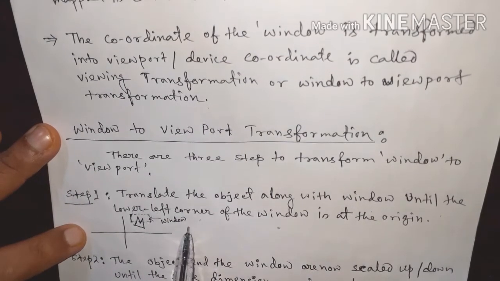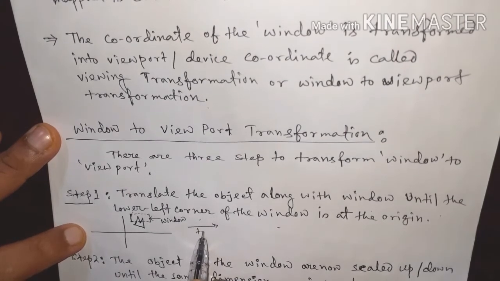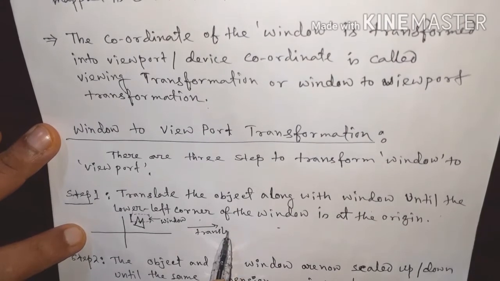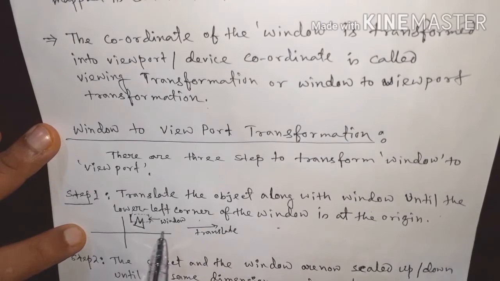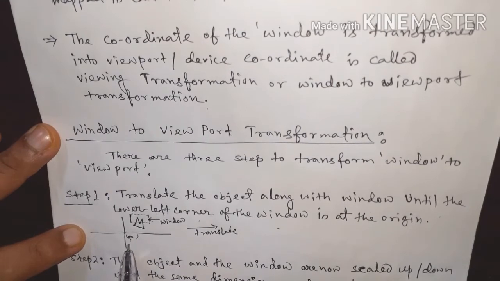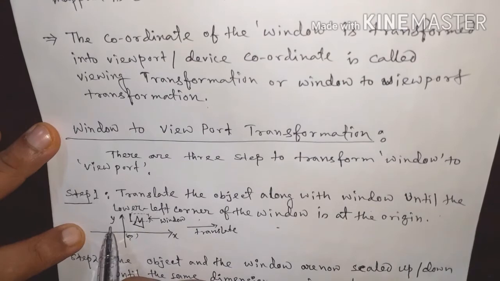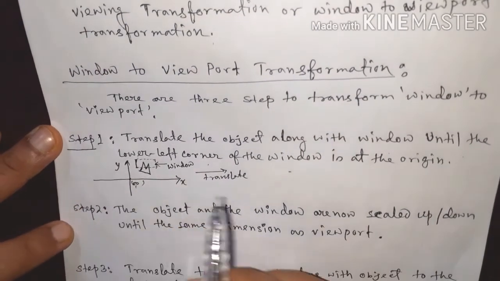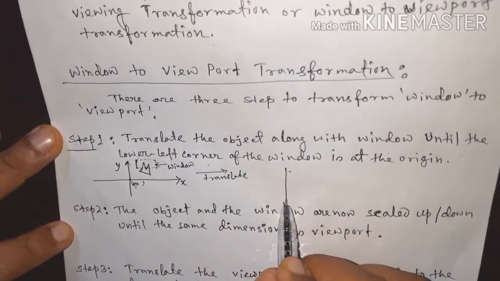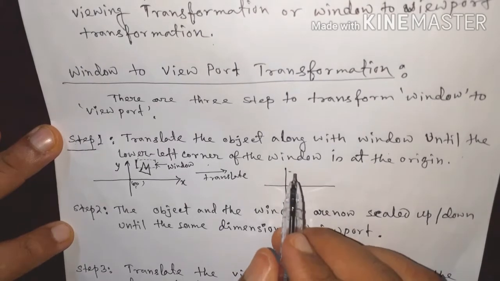Now first step, translate the object along with the window to the origin, that is 0, 0, x-axis, y-axis. After translation, it may look like this.